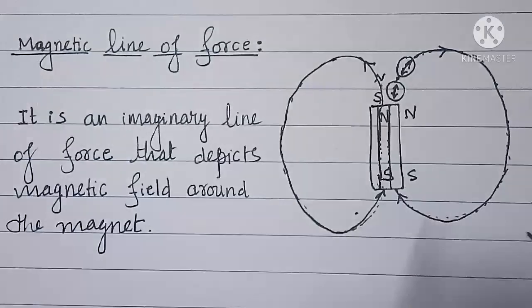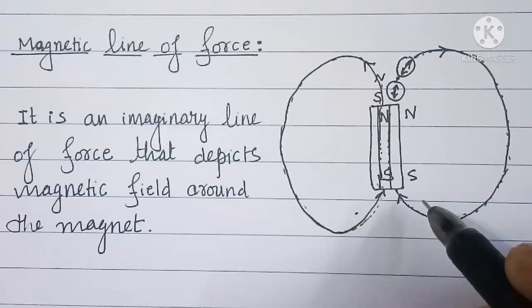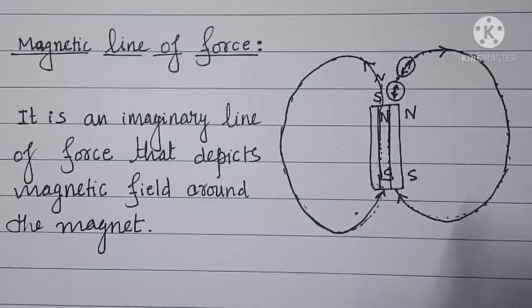And if the iron filings or iron pieces are not being attracted by magnet, then it means that the iron pieces are placed outside the magnetic field.